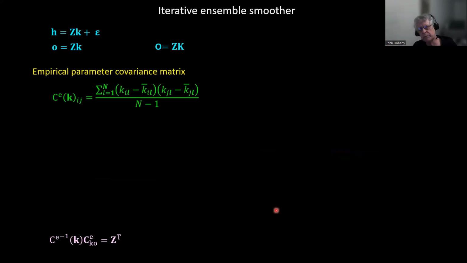Now, using maths, which is only slightly harder, but which you learned back at school, to calculate empirically the covariance between two random variables. We did this back at webinar 1. So to calculate the covariance between parameter i and parameter j, it's just Ki minus the average of Ki, Kj minus the average of Kj, sum them up, divide by the number of realizations, expressed nice and concisely using matrix notation.